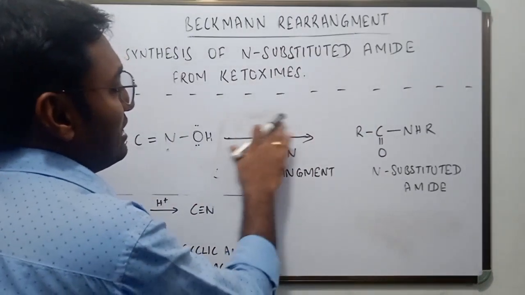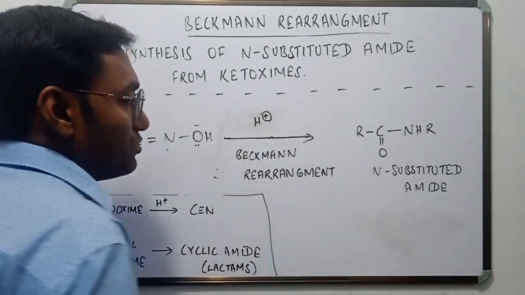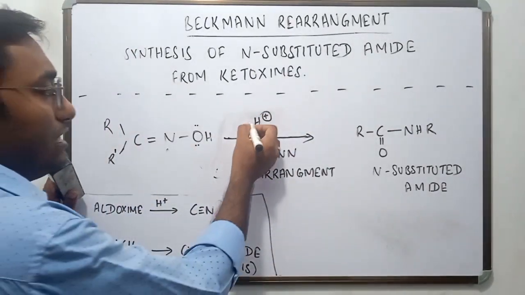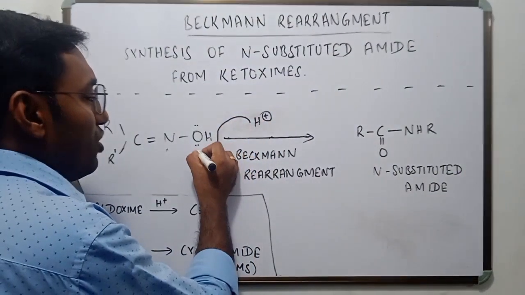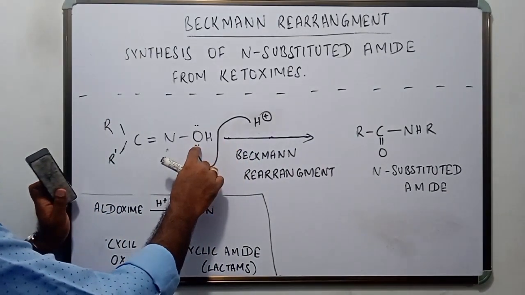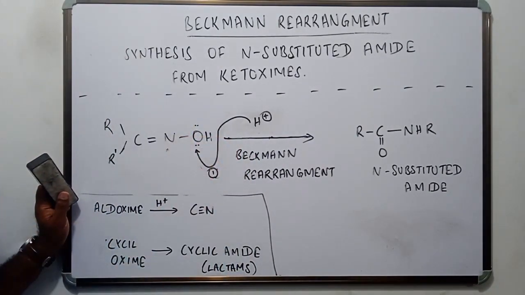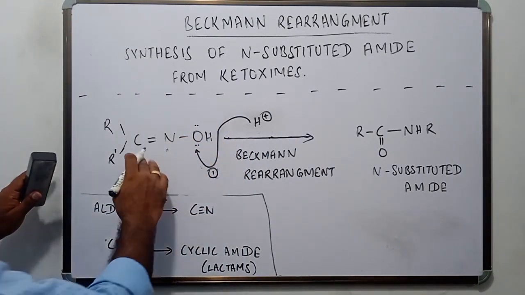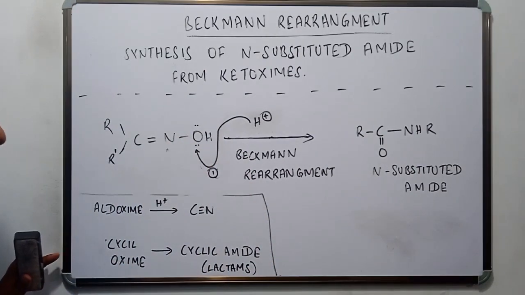It is seen that the H plus from H2SO4 is dissociated. The dissociated H plus attacks the lone pair of electrons on the oxygen. When it attacks, the oxygen develops a positive charge. Now what follows is a series of electron pair transfers within the molecule.